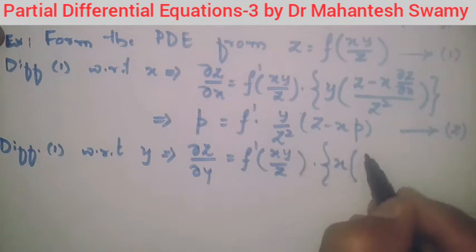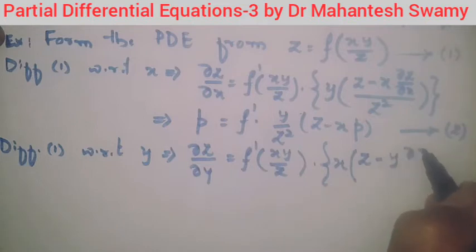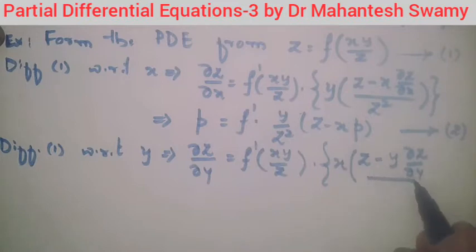Now y by z differentiation using the quotient rule, keeping the denominator as it is, differentiation of y with respect to y is 1, minus keeping the numerator as it is, differentiation of the denominator is dou z by dou y, divided by the denominator square, that is z square. So this is the differentiation.